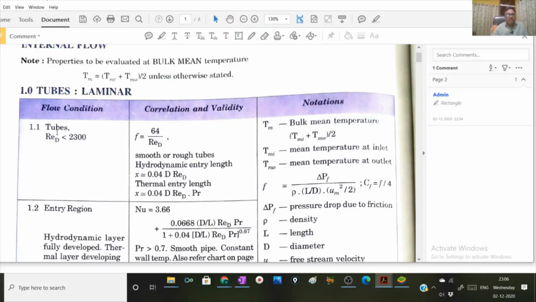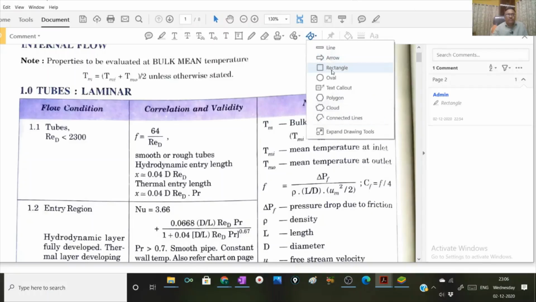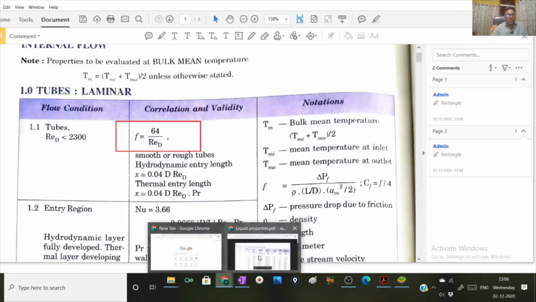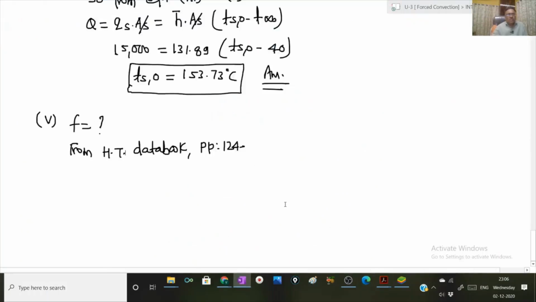So this way I can calculate the friction factor, with this expression: f is equal to 64 over Re D for laminar flow. This is equation 1.1, page number 124.